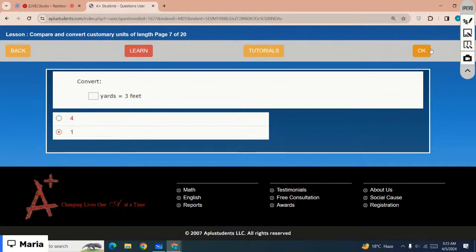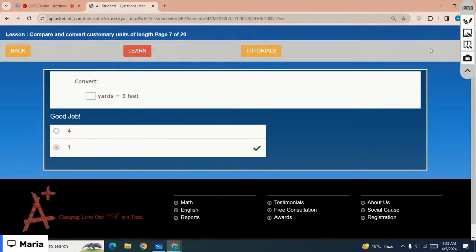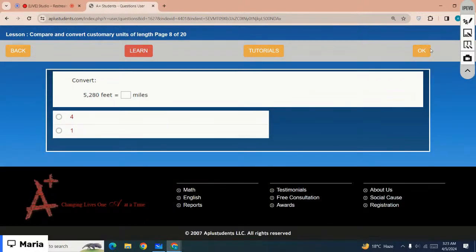Okay. 5,280 feet equals how many miles? The correct option is 1 mile, right? Okay, you can complete the lesson by yourself later today. Let me just move on to the next lesson.